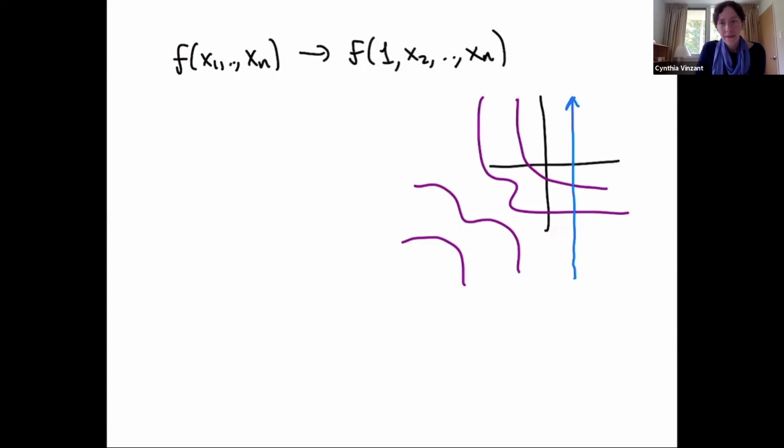Exactly. And in some sense, at least in this picture, you're restricting to a line that's in the direction, at least the non-negative orthant. Yeah, you can do any line in that direction. Yeah, exactly.